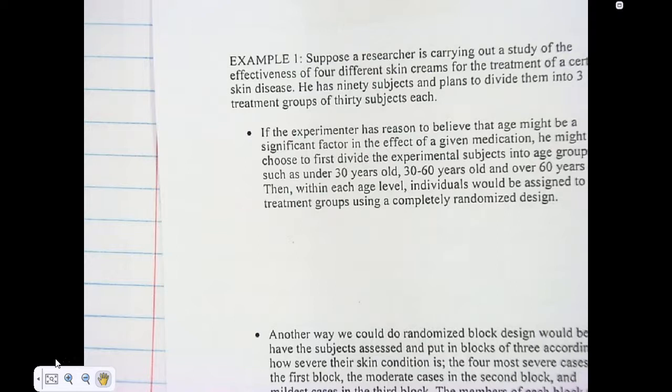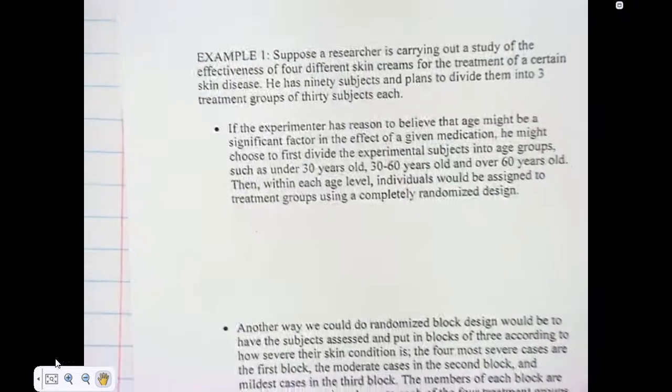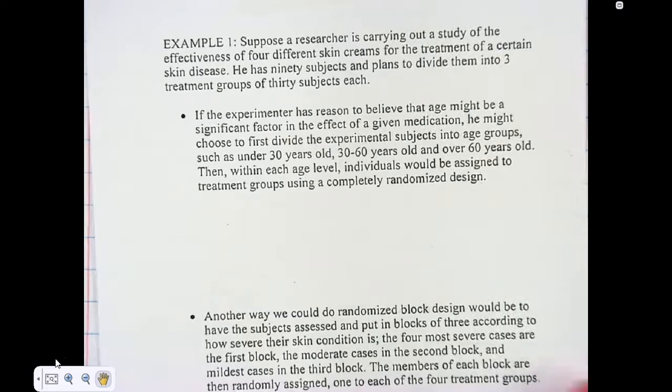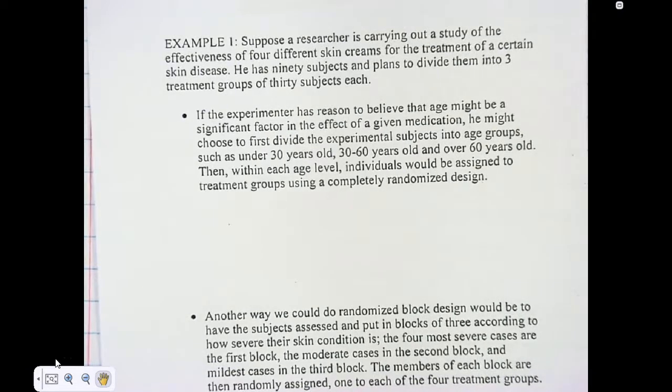Okay, it says if the experimenter has reason to believe that age might be a significant factor in the effect of a given medicine, he might choose to first divide the experimental subjects into age groups such as under 30 years old, 30 to 60 years old, and over 60 years old. Then within each age level, individuals would be assigned treatment groups using a completely randomized design.